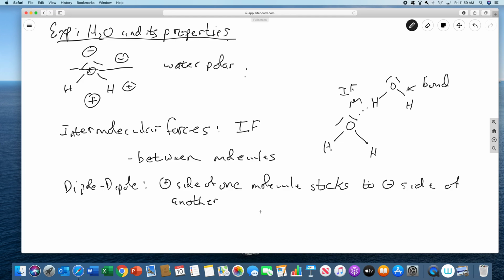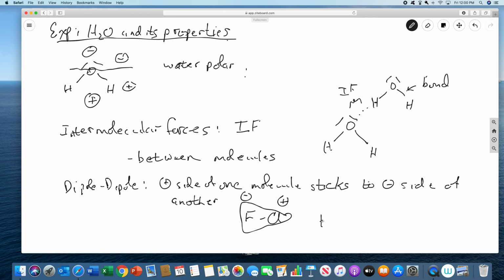So if I draw a molecule, let's take FCl. An FCl molecule has a polarity. Remember, fluorine has a higher attraction for electrons. If you draw the electrons as an electron cloud, it is skewed, where this is the negative side and this is the positive side.